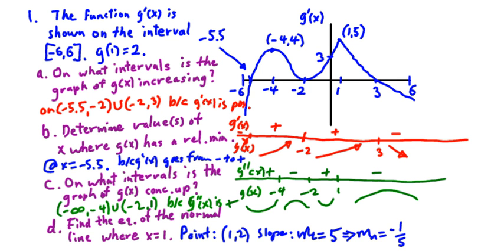So our equation, I'm going to write up here above, is going to be y minus y sub 1, which is 2, equals m sub n, which is -1/5, times x minus x sub 1, which is 1.